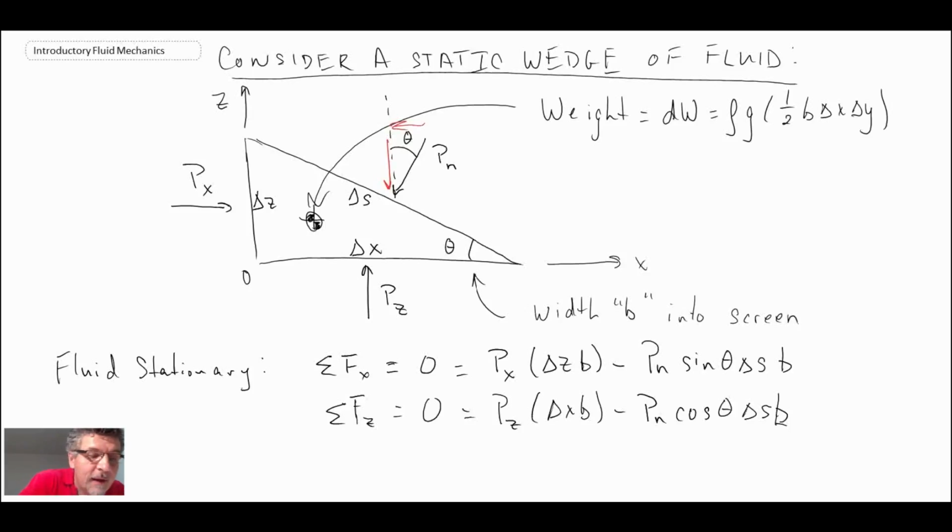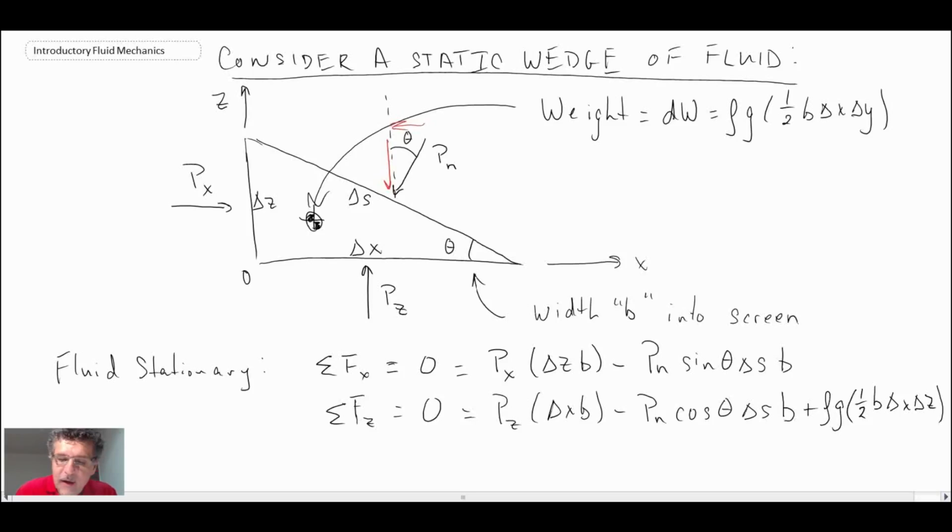Now, one last thing: let me clean up that B, it's a little messy. Okay, so that's supposed to be a B. The last thing we have to address is the fact that the fluid element has weight, and that would be acting in the Z direction due to the gravity vector, so we add that in. Okay, so that is our force balance that we get by summing the forces in the X and in the Z direction.